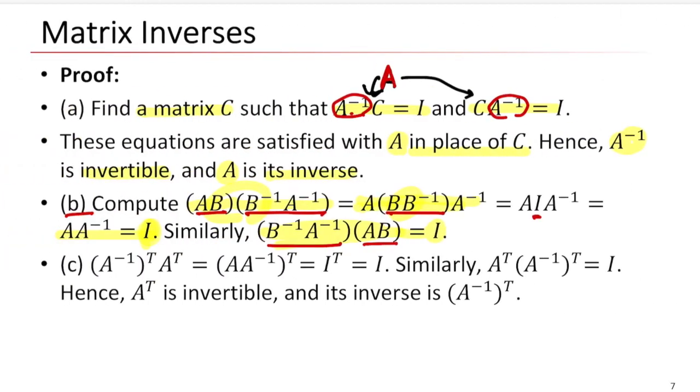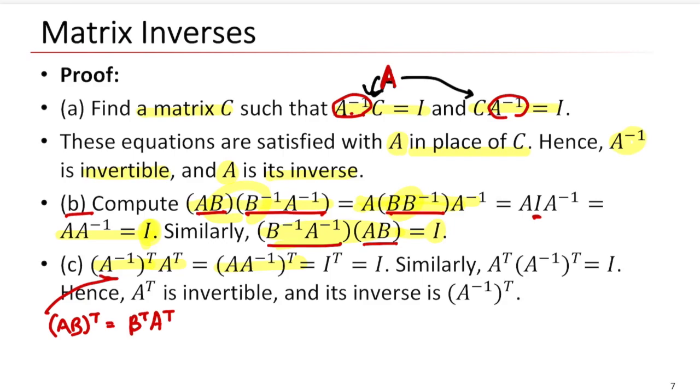And finally, A inverse transpose times A transpose will be A times A inverse transpose. Why? Because we already know that AB transpose is B transpose A transpose.